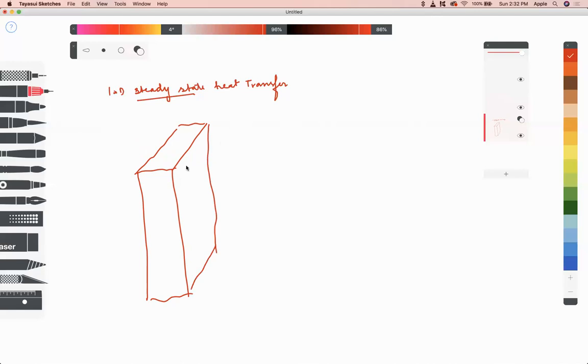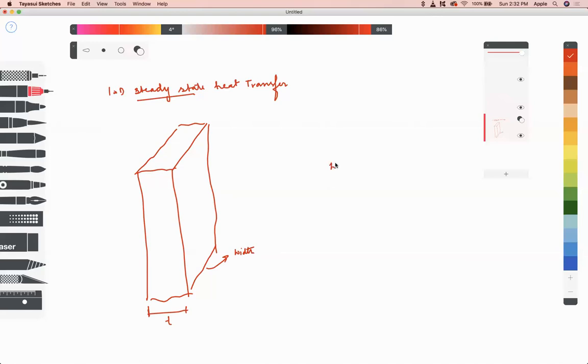All right. And the length of the wall, or the thickness of the wall, and this is the width of the wall. So this is the width. All right.